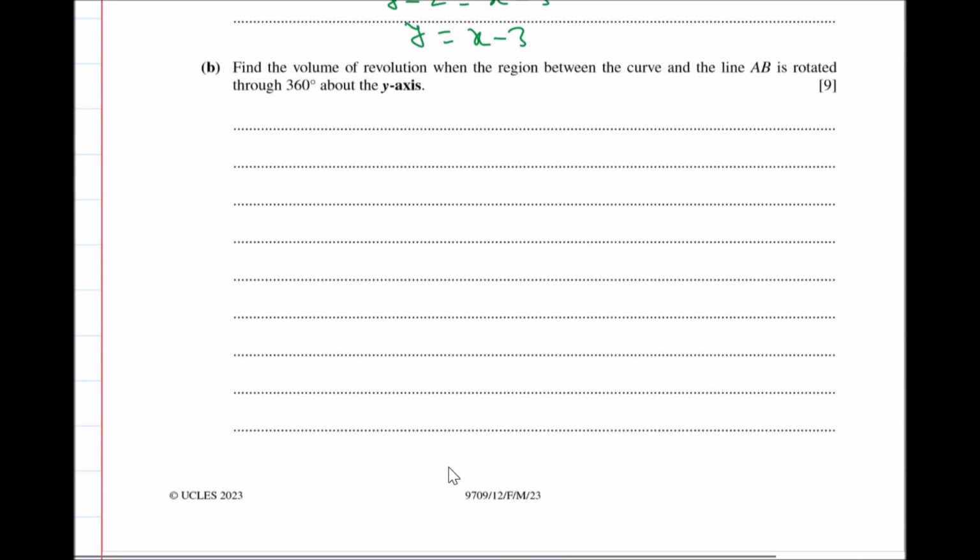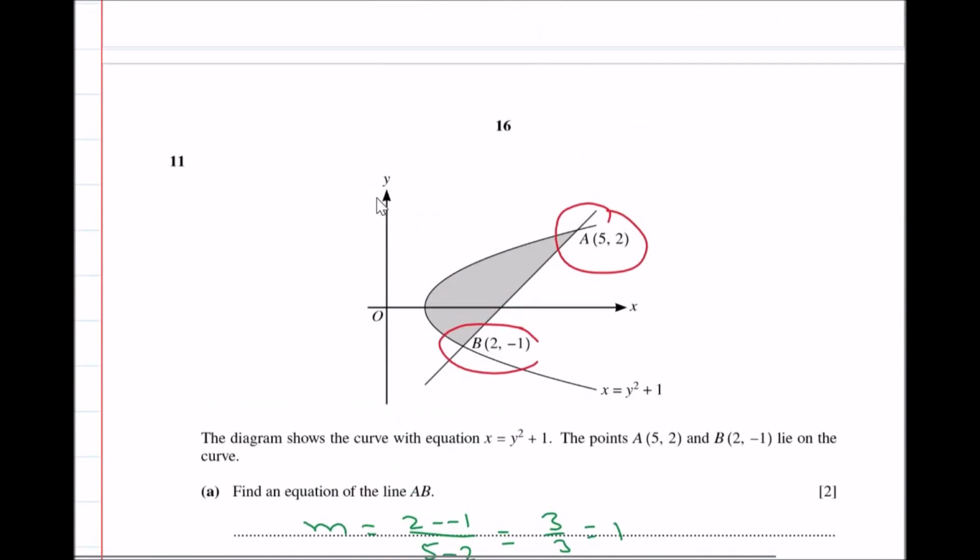Next, find the volume of the revolution when the region between the curve and the line AB is rotated through 360 degrees about the y-axis. About the y-axis, keep in mind. So, see, if we are rotating this about the y-axis, then this line AB is the outer line, and the curve part is the inner one.